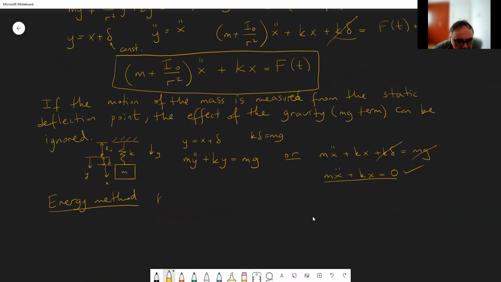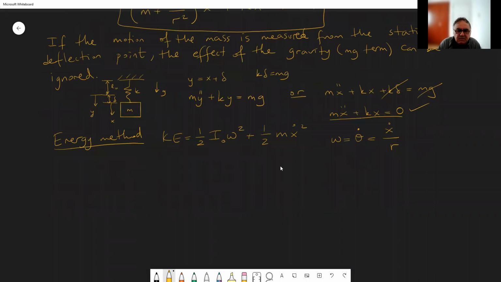So the kinetic energy is 1/2 I_O omega squared, plus the mass, 1/2 m x dot squared. Let's say that we use the coordinate x. But x and omega are related. Omega is actually theta dot, the change of angle in the disk, and that is equal to x dot over r, as you can see.